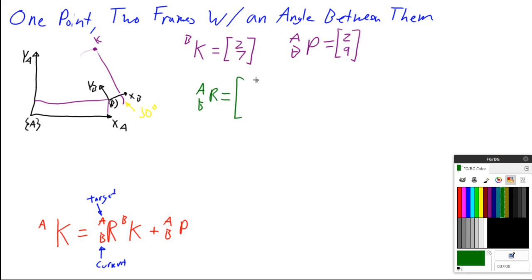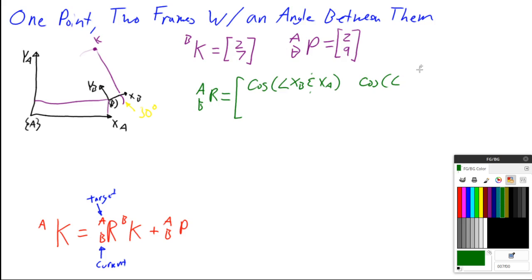And it's the cosine of the angle between XB and XA. So it's kind of a shorthand that I'm doing there. This is going to be a 2x2 matrix.